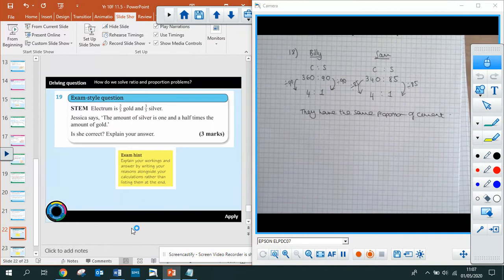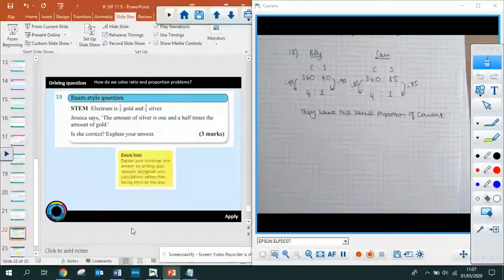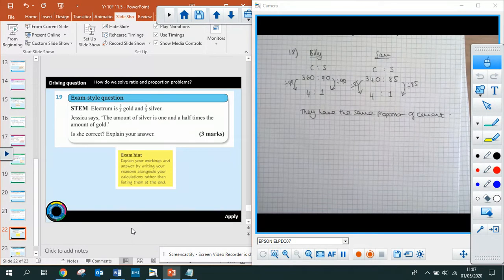Okay, you've got an exam style question now. I'll quickly read through it with you, read your exam hint, and then you can pause and play the video when you're ready for your solution. So the question says, electrum is 2/5 gold and 3/5 silver. Jessica says the amount of silver is 1.5 times the amount of gold.